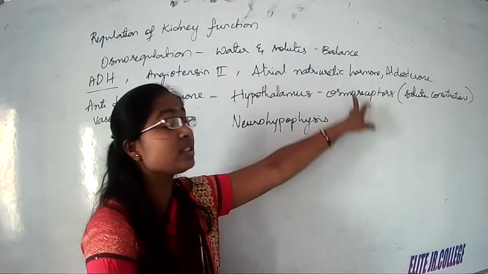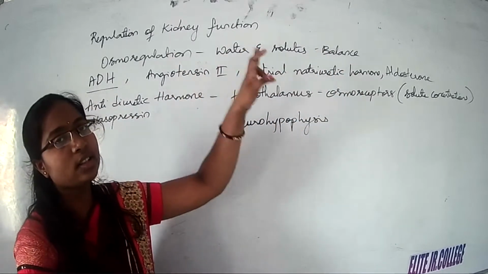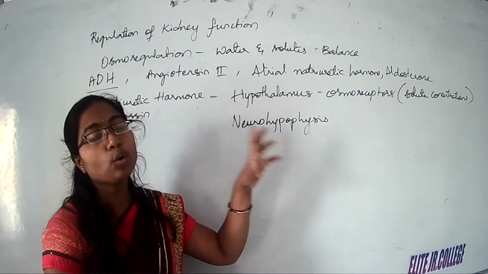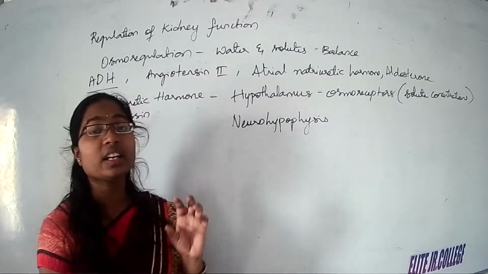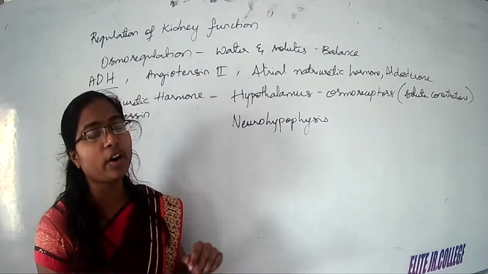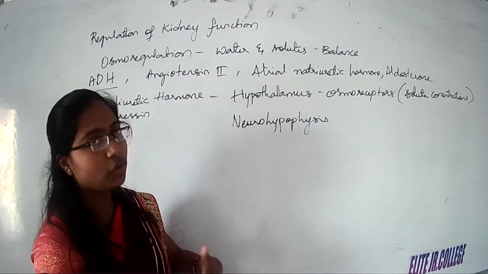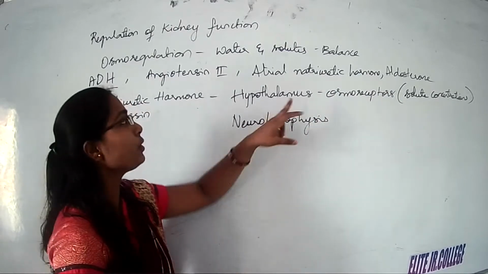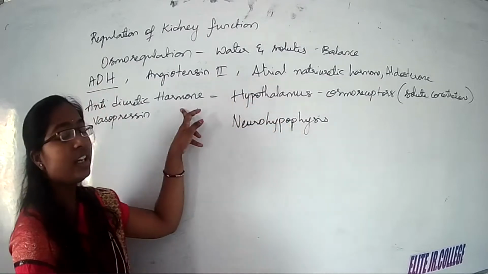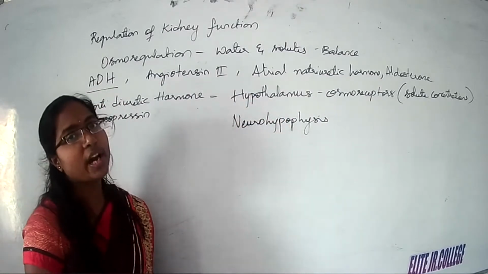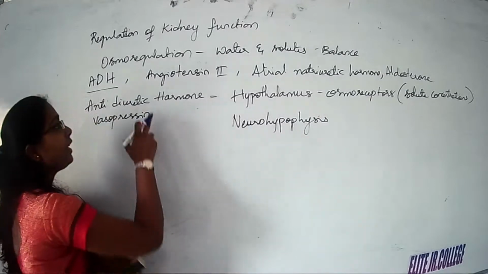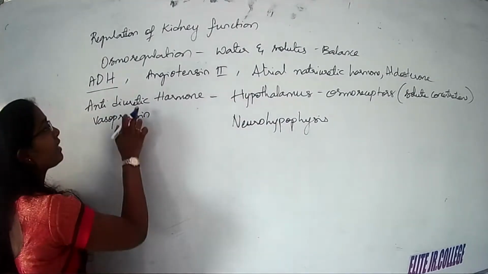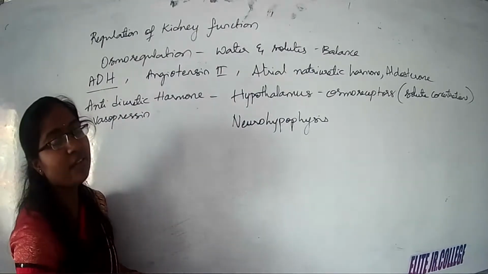Whenever there is an increase in the loss of body fluids from the body of the individual, the osmoreceptors get switched on and stimulate the hypothalamus to release anti-diuretic hormone via the neurohypophysis.